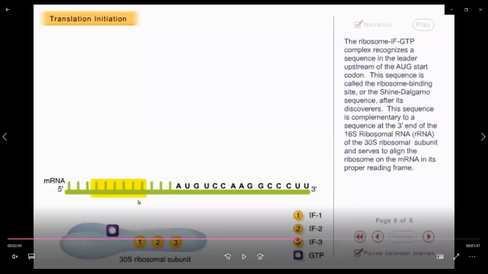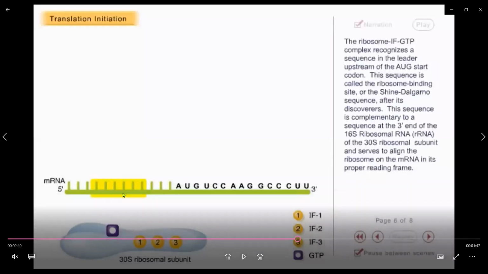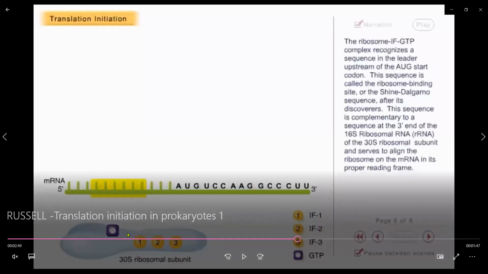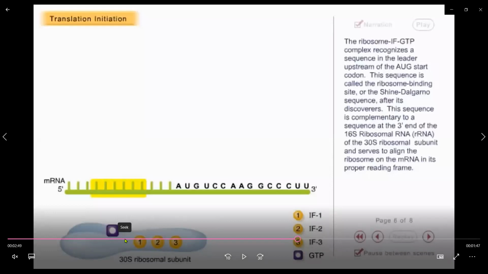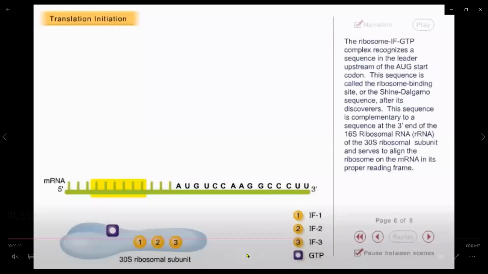As I had earlier stated, this is called the ribosome binding site. This sequence is complementary to a sequence at the 3' end of the 16S ribosomal RNA of the 30S ribosomal subunit. And it serves to align the ribosome on the mRNA in its proper reading frame. So let's see that.